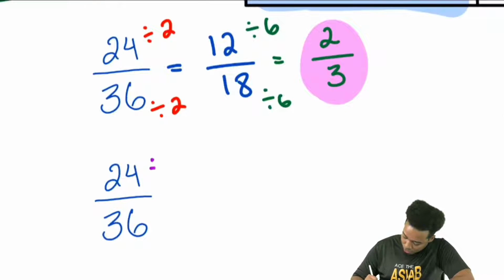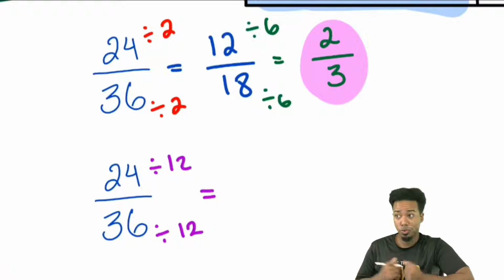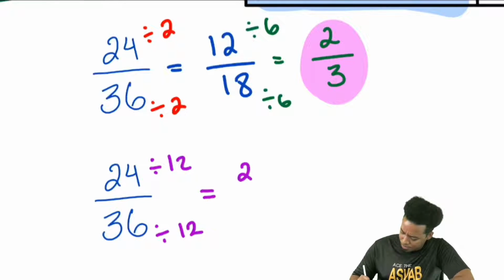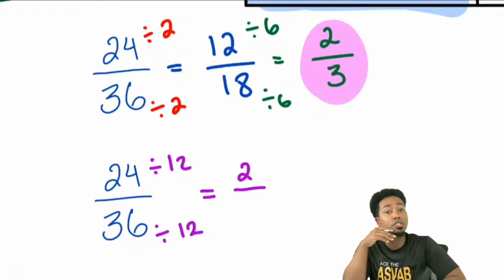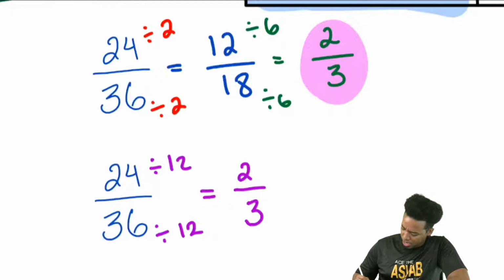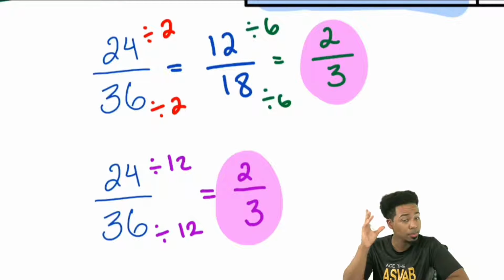I'm going to divide 24 by 12, 36 by 12. 12 goes into 24 how many times? That's going to be 2. Let's take a look at 36 divided by 12. What's that going to be? 3. Look at that. Same answer. Much faster.